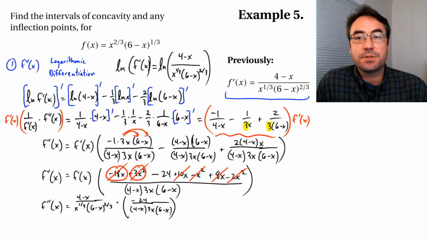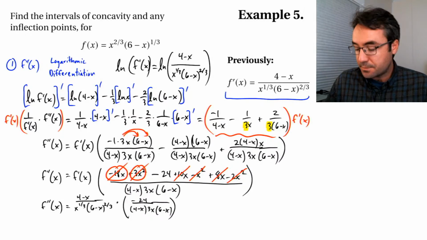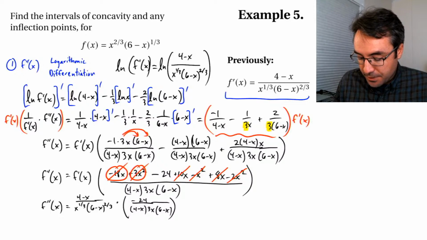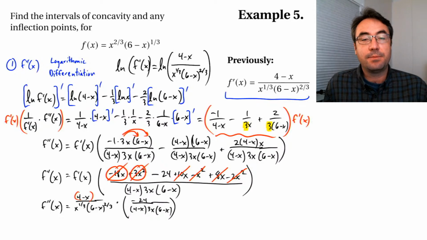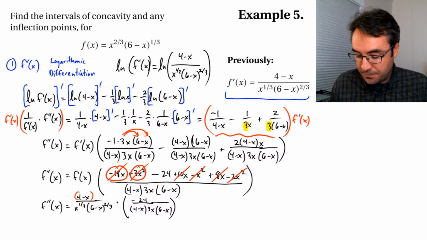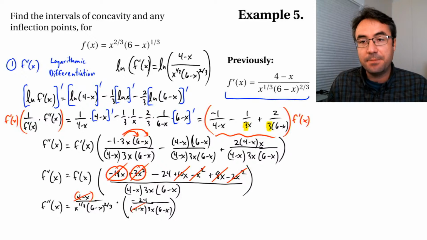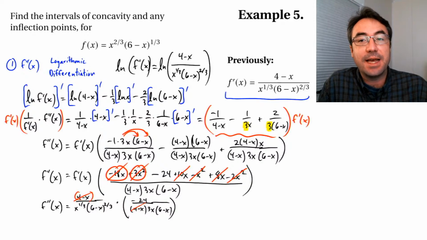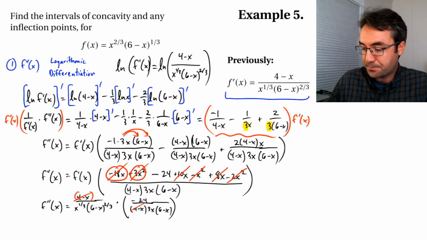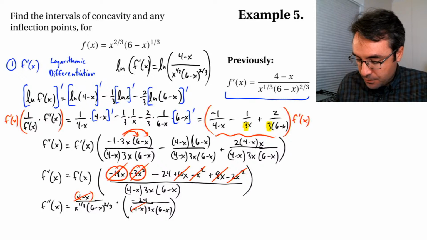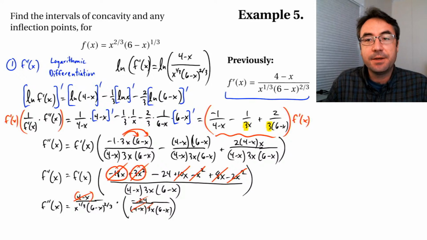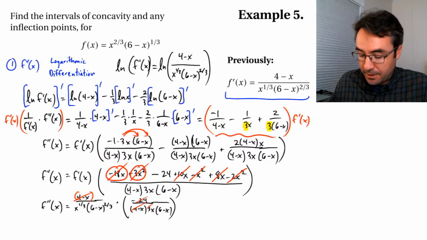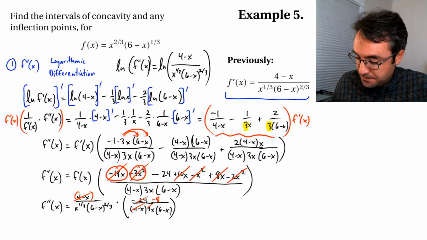And there's still a little bit more simplifying we can do. If we look, there's a 4 minus x term on the top here, and there's a 4 minus x term on the bottom of what we just worked with. So those 4 minus x's cancel. We have a negative 24 and a positive 3, so we can divide out a 3 there and end up with just a negative 8.